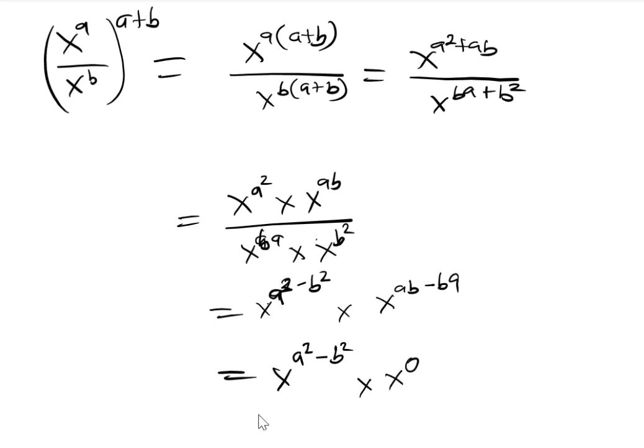And this is equal to x raised to power a squared minus b squared. So this is our right hand side.